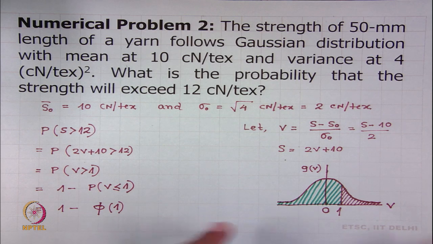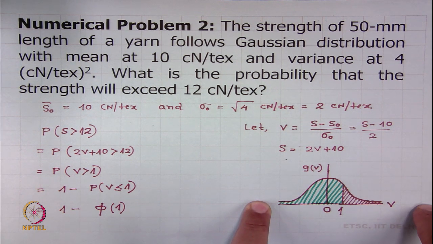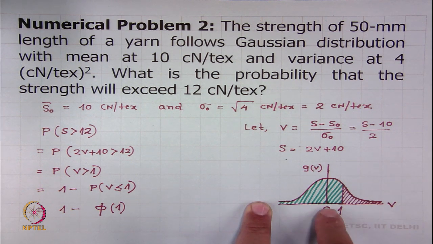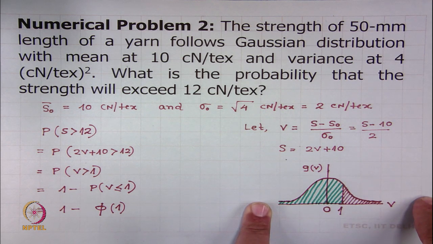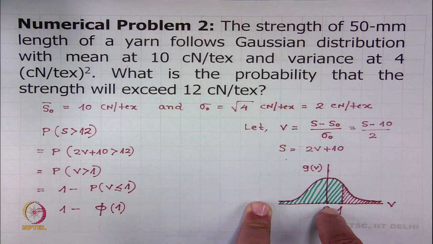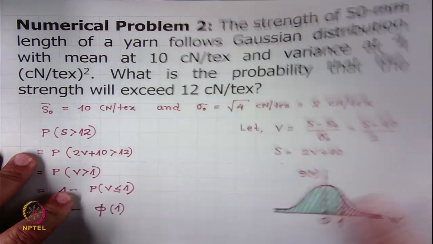Now, normal distribution is a symmetric distribution. So, from minus infinity to plus infinity the total area is 1. Minus infinity to 0 is always half. So, minus infinity to 0, 0.5, plus 0 to 1. So, we can find out this limit.